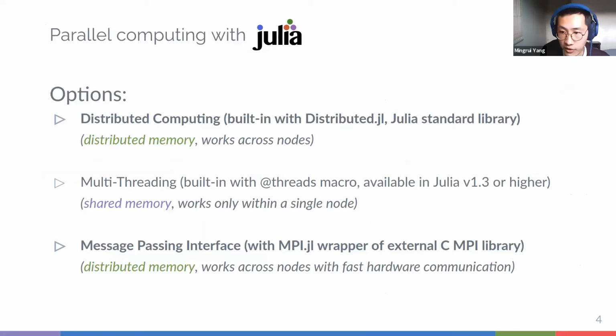It's also a built-in feature. Alternatively, you can use MPI with MPI.jl, a wrapper of the external C MPI library. In today's talk, I will be focusing only on Distributed and MPI because they use distributed memory, and I want them to work across multiple computer nodes.